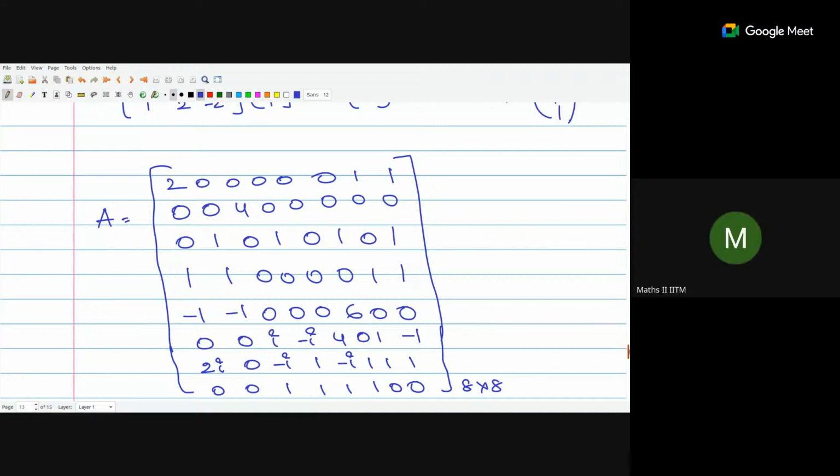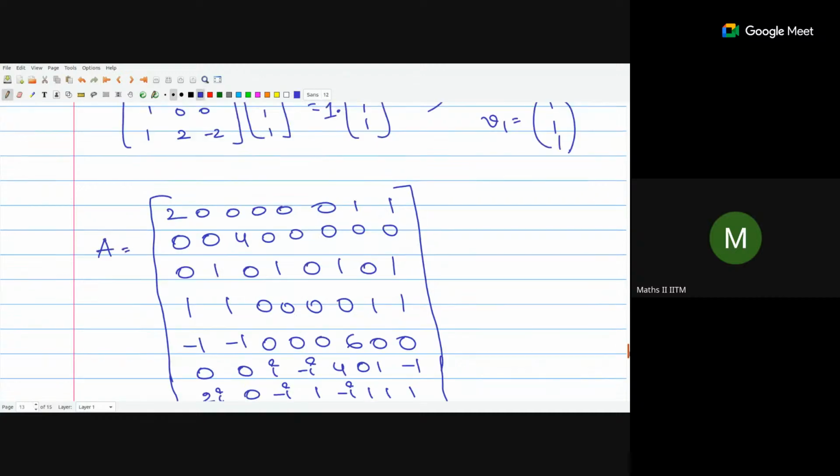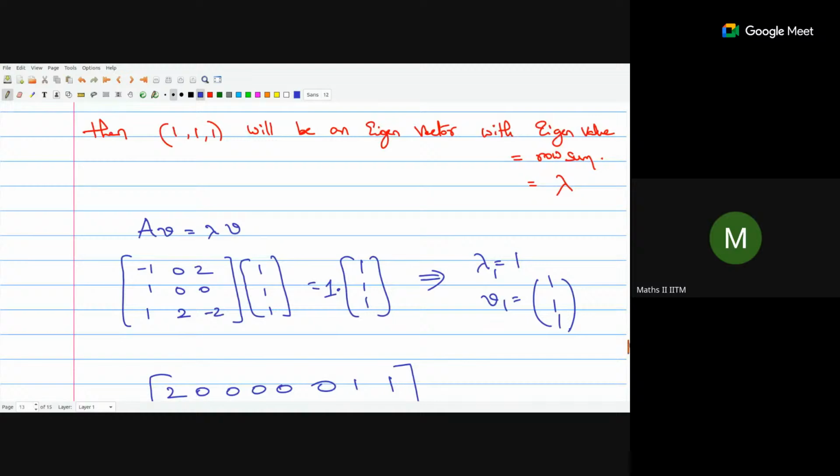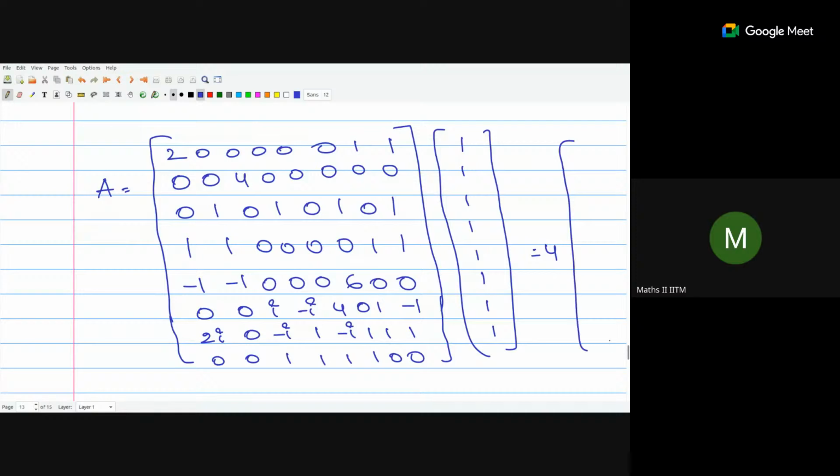Now you see this looks like a very big complex matrix. But whatever trick, or this is not a trick actually, this is very evident. If your row sums are the same, then if you multiply this by one big vector of 1s of size 8, what you will get is just 4 times [1, 1, 1, 1, 1, 1, 1, 1].